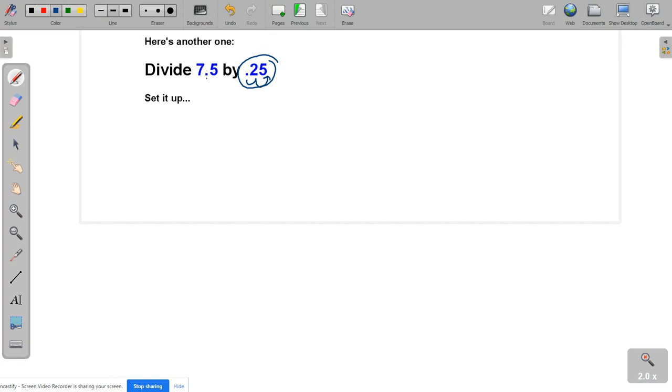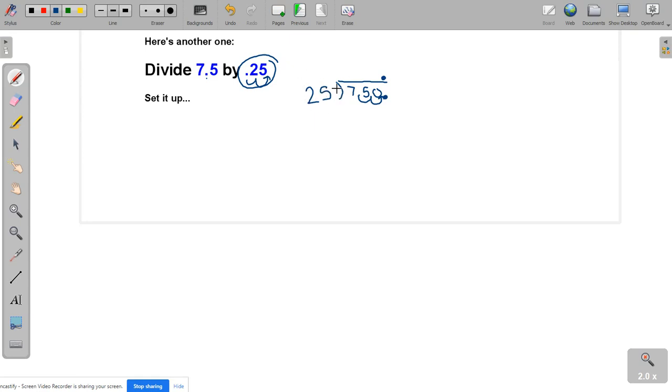That means we have to move this decimal 2 places to the right. So we have 25 on the outside because it's a whole number now, and we have 7.5. But we have to move this 2 places. 1, 2, has a placeholder 0, so our new decimal is after. Move him straight up. So truly we're taking 750 and dividing it by 25.